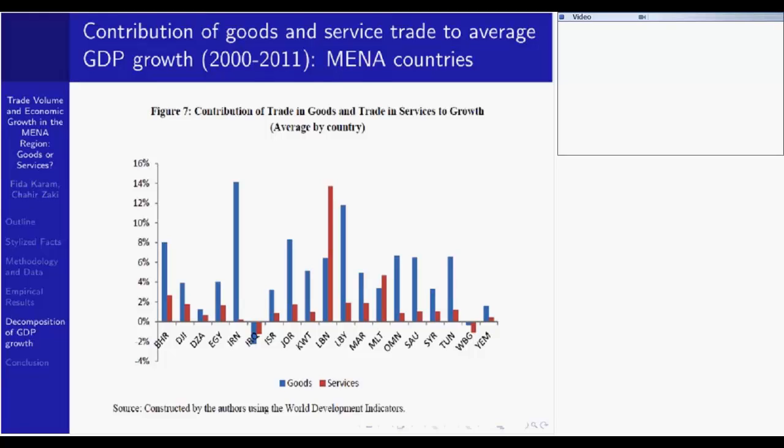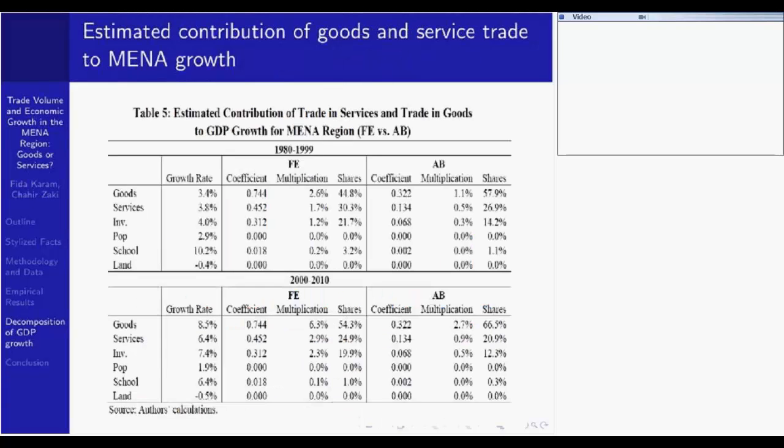So here we use the classical way of computing things, where we have the growth rate for each variable. We have the estimated coefficient for each variable. So we multiply the growth rate by the coefficient, and then we calculate the share of this multiplication in the total growth rate of the variable.